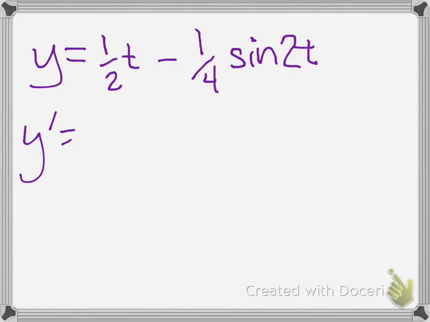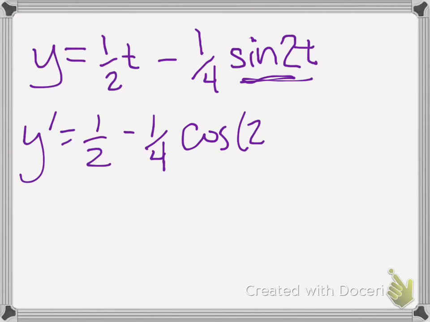So, the derivative of 1/2 t is just 1/2, and then minus 1/4. Now we have to apply the chain rule here. I'm using the constant multiple rule for the first part, so that's why the 1/4 just comes along for the ride. And then we're going to take the derivative of the outer function for this second term. The outer function is the sine function, so we get cosine of 2t.